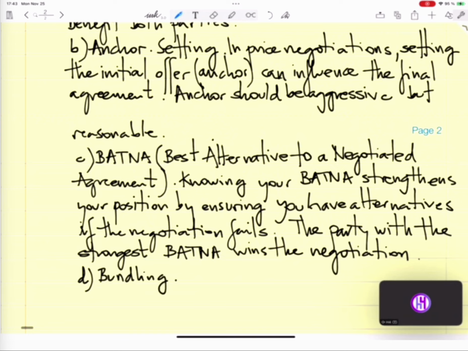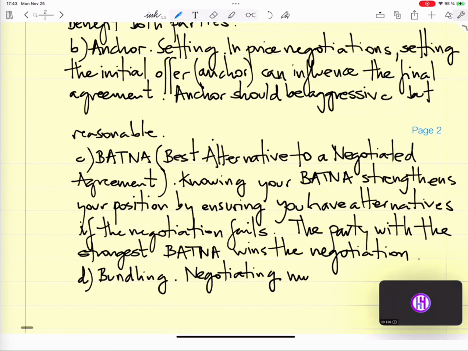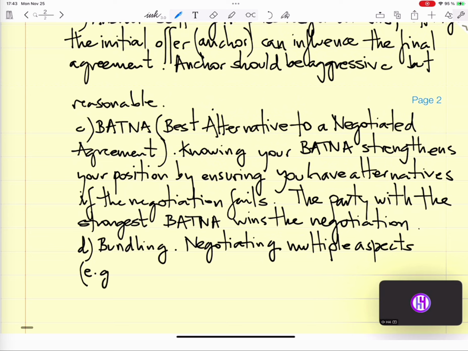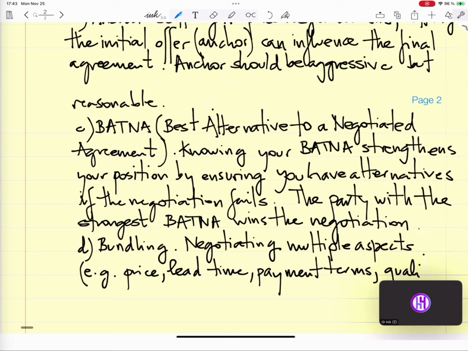This means negotiating multiple aspects, not only price or quality, but many at the same time: lead time, payment terms, quality, whatever, together.